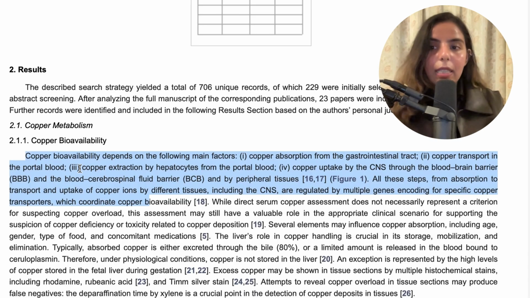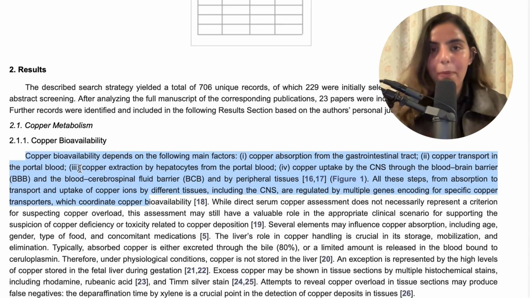Going forward, if we see the third factor that governs copper bioavailability or copper uptake in the cells, the retention, the soaking in, it also depends on hepatocytes, which are liver cells. So hey, how well is your liver functioning? I do not need to tell you this. In cases of PCOS, NAFLD, which is non-alcoholic fatty liver disease, is twice as common.